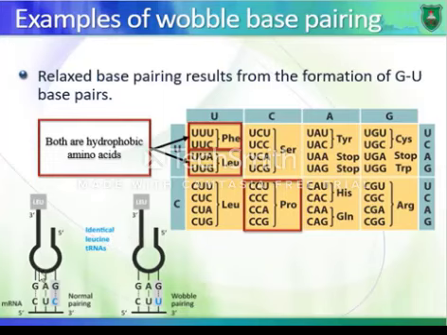So we have a leucine tRNA with the anticodon GAG. Normally, the anticodon in the leucine tRNA should pair with the codon CUC. As you can see here, this is a codon for leucine.